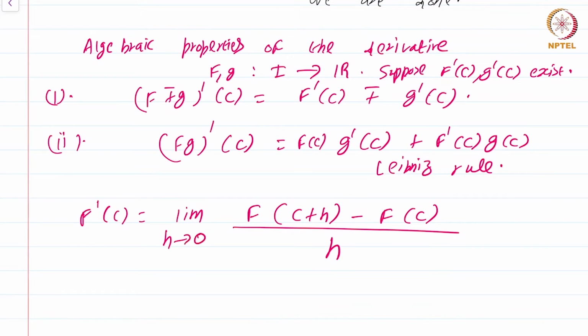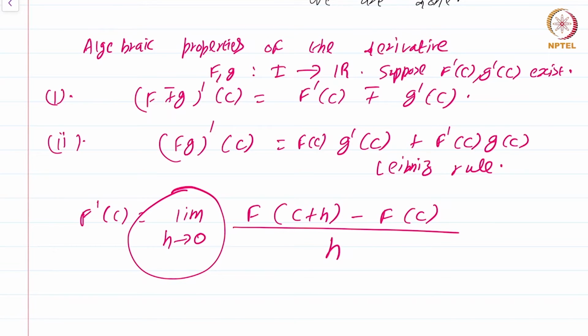Now, one trivial remark, but still nevertheless has to be made, is that the point c could be one of the endpoints of I. I'm not specifying whether I is an open interval or a closed interval. I'm making no such distinction. I is just an interval, and it can happen that the point c is one of the endpoints of the interval. In which case, when I write limit h going to 0, it obviously means the corresponding right hand limit or left hand limit, as the case might be.